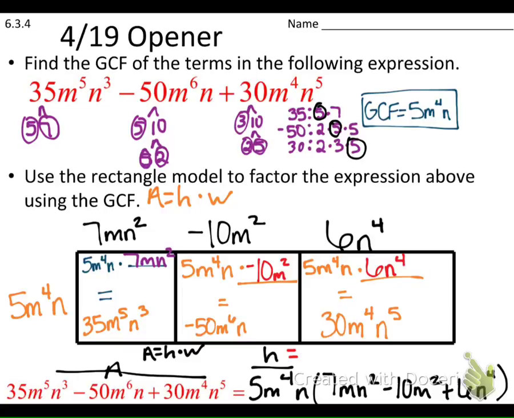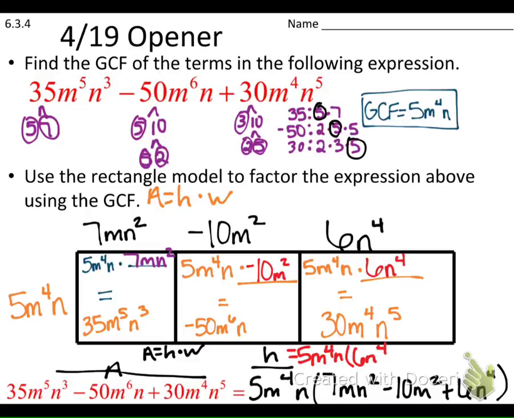All right, so let's go ahead and write this out so it's finished. Which one has the largest exponent of the three widths? 6 and 4. Thank you. Which one has the next largest amount? Remember, this counts as a 1.